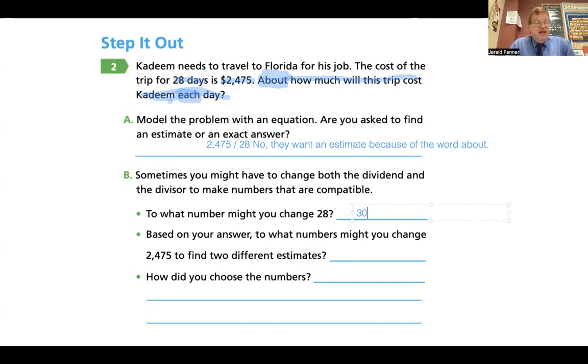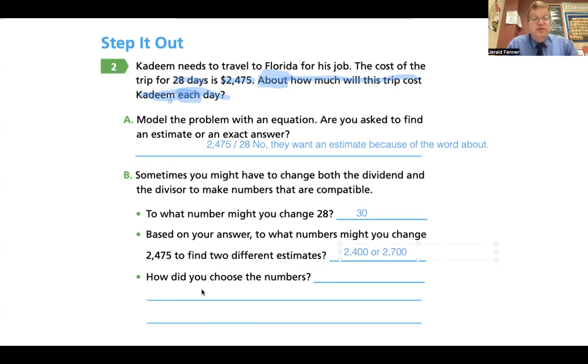This is one of those that I'm not too crazy about, because you would estimate it to be either 2,400 or 2,700. But I think it's pretty obvious that 2,400 is much closer. How do you choose the numbers?